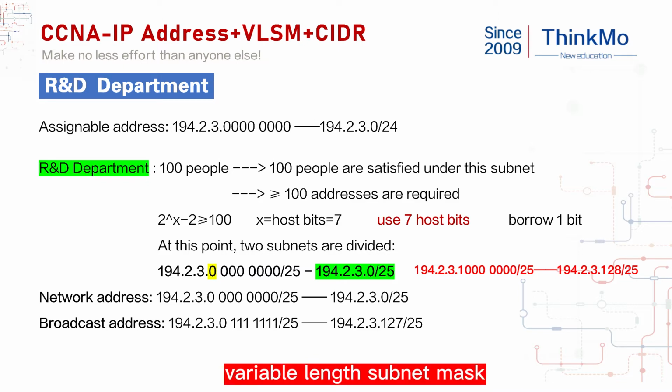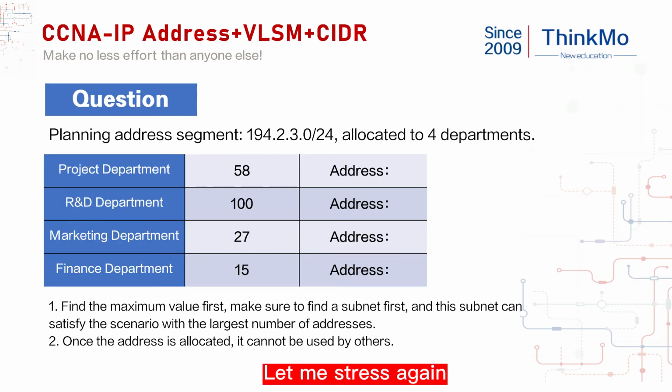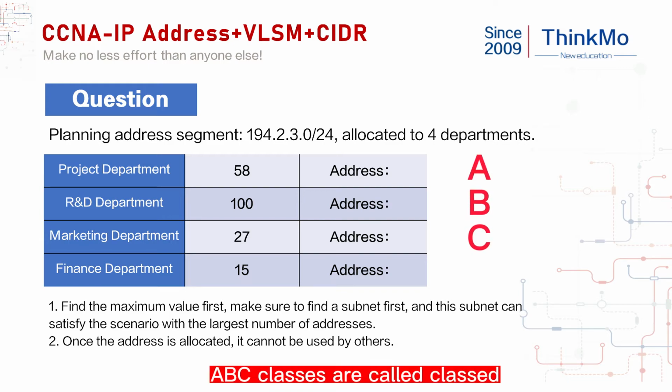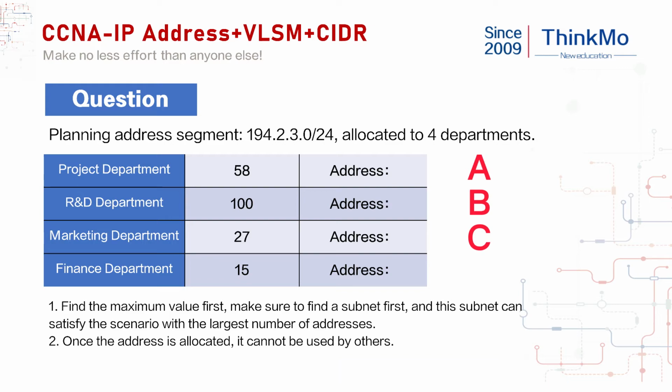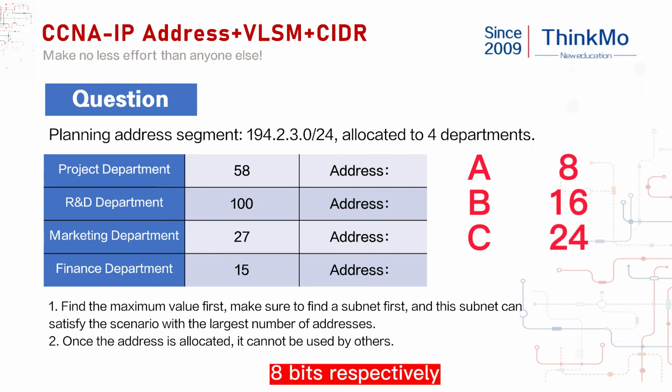Variable length subnet mask. Let me stress again. According to us, ABC classes are called classful. Such a mask has the form of 8 bits, 16-bit, 24-bit respectively.